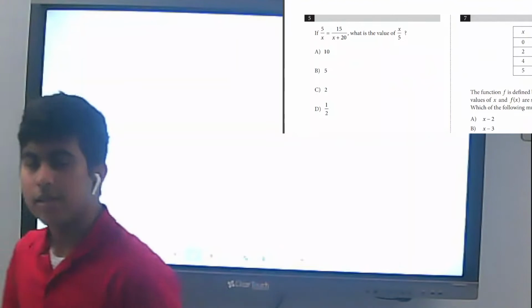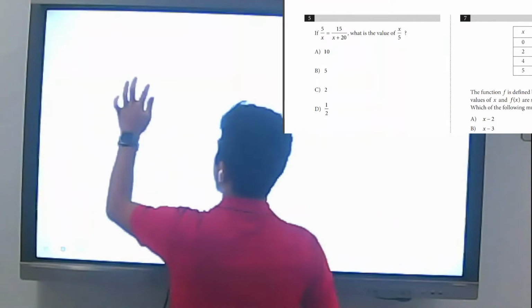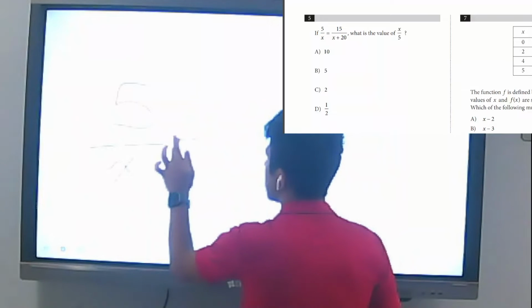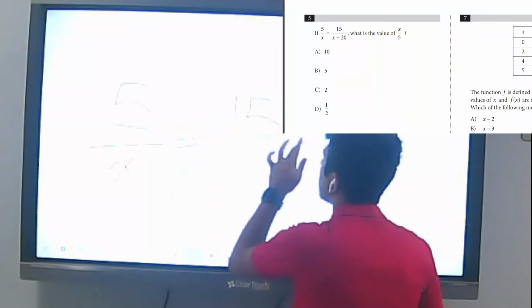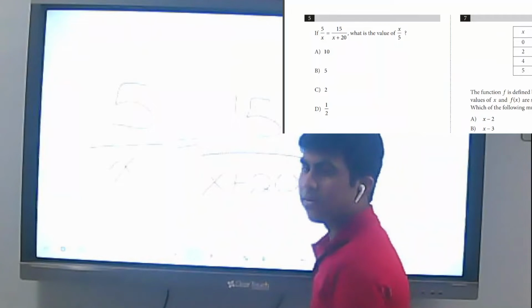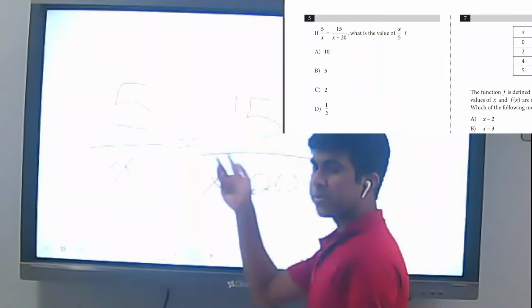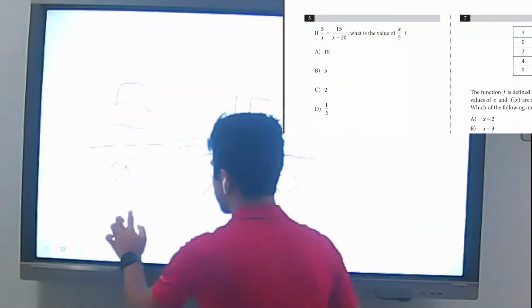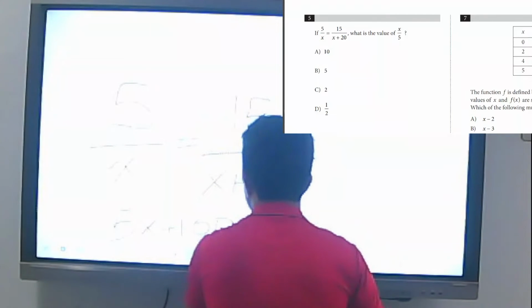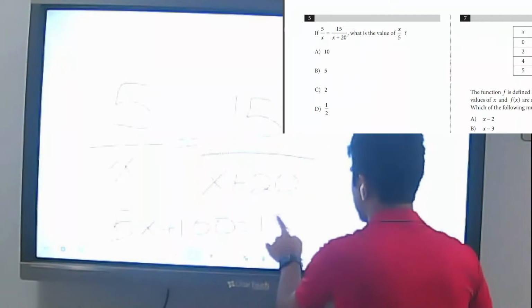Next question. If 5 over x equals 15 over x plus 20, what is x over 5? Well, we can just cross multiply out here, right? 5 times x plus 20, that's going to give you 5x plus 100. Cross multiply here, and you get 15x.